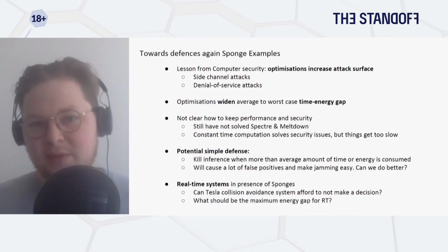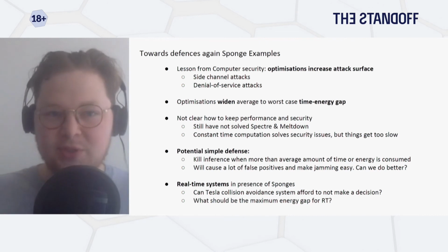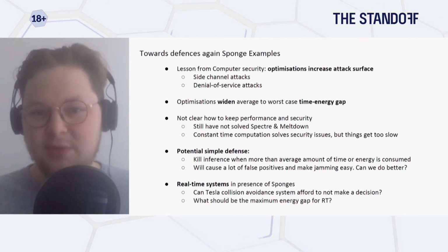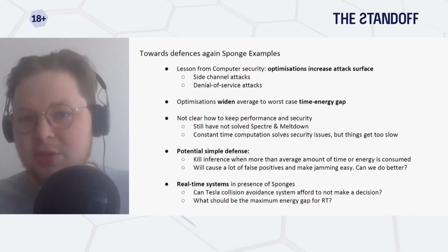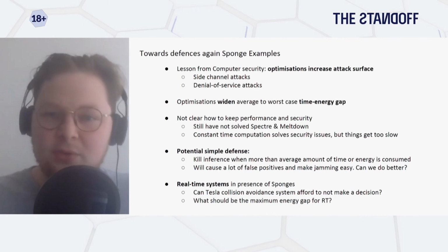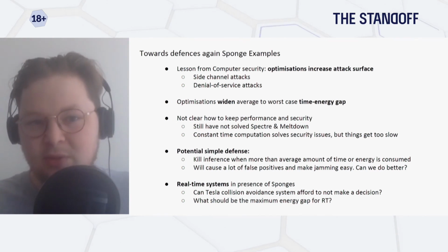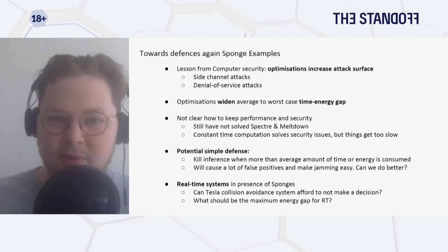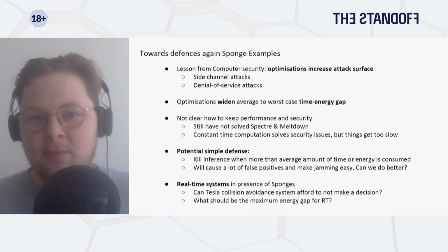Right, so what are the lessons from the sponge examples and what do we do with them? The main lesson from computer security here is that optimizations almost always increase the attack surface. Usually when we talk about optimization, we talk about either side channel attacks or denial of service attacks. In the case of the paper we've seen here, we see both.